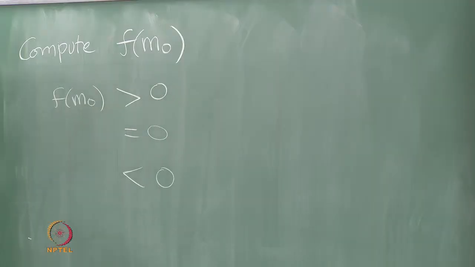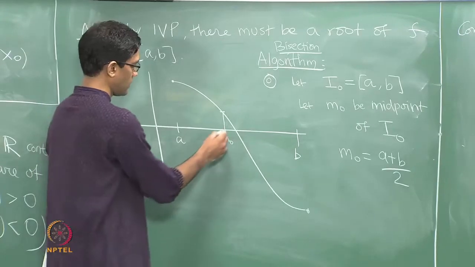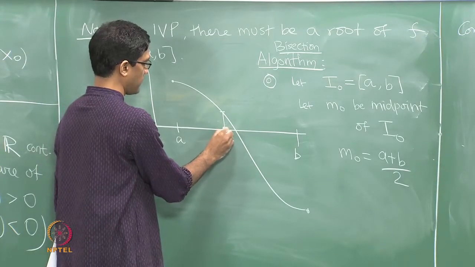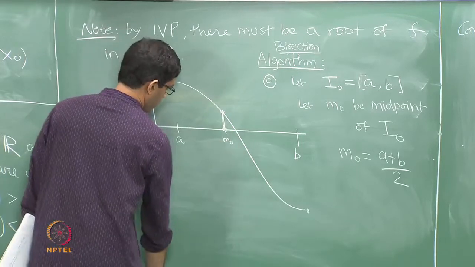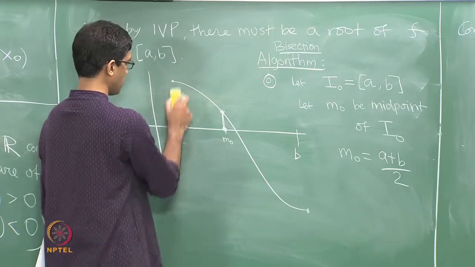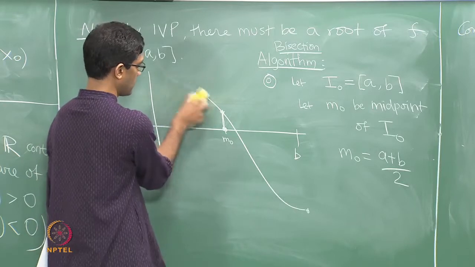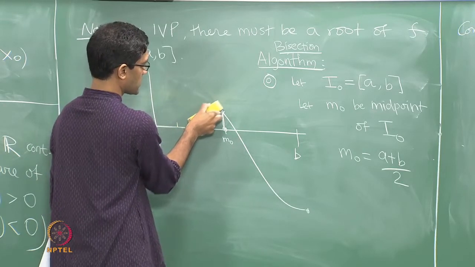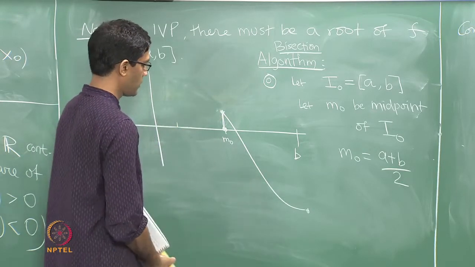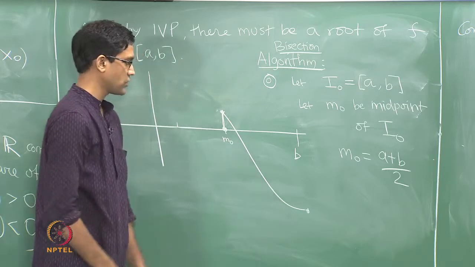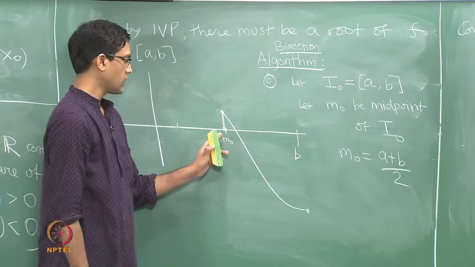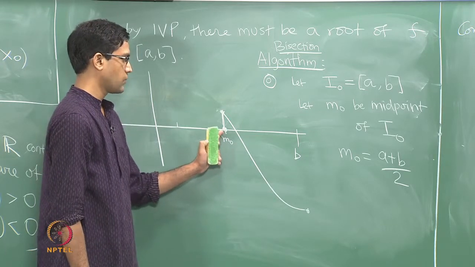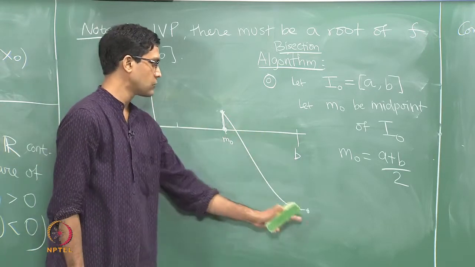So if f of m0 is positive, let us look at this one here, the value of f at m0 is positive. What does that mean? It means the following: let us get rid of the function in the first half. So now just focus attention on the portion of the function between m0 and b. Here again the left endpoint value f of m0 is positive, the right endpoint value is negative.